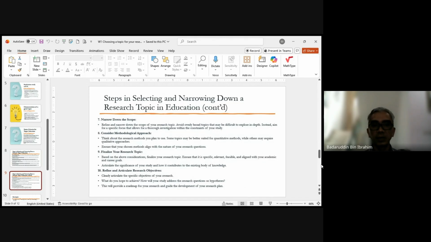Not necessarily in education, but I believe the 10 steps presented in my slide can be used in other social science research as well, because education is one of the social sciences. There is no different term between social science and education, same level.